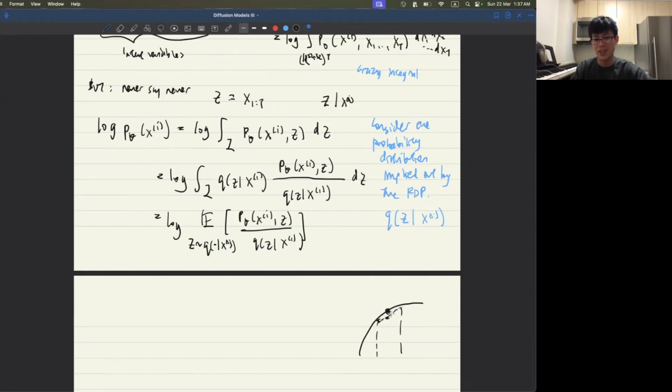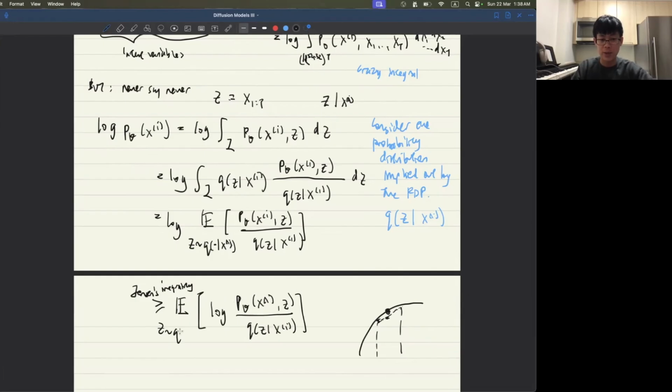So this is just saying that the logarithm of the expectation is greater than or equal to the expectation of the logarithm. And this is really by Jensen's inequality: the expectation of log p_theta(x0, z) divided by q(z given x0), where the expectation is over the forward diffusion process.